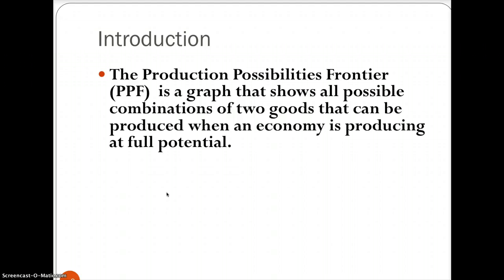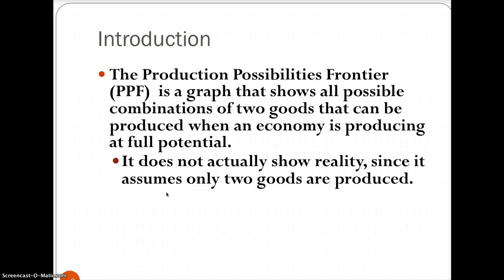Remember, when we were talking about full potential, we were talking about an economy where technology use is being maximized. This economy is operating at full employment, 5% unemployment. This economy is efficiently using resources when it's operating at full potential.